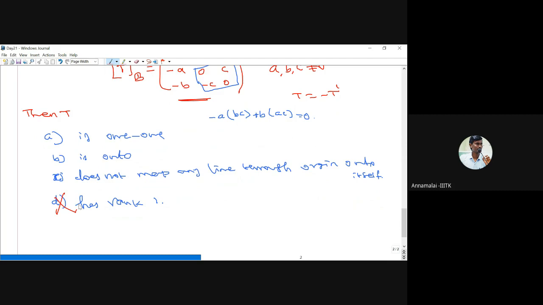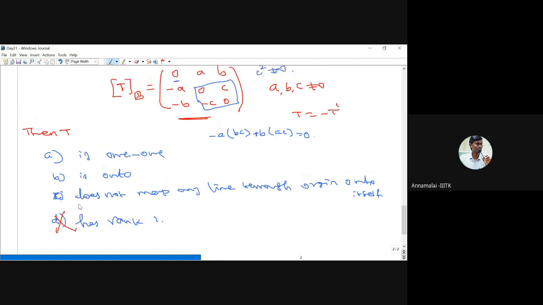Now, since rank is 2, the map is not onto.